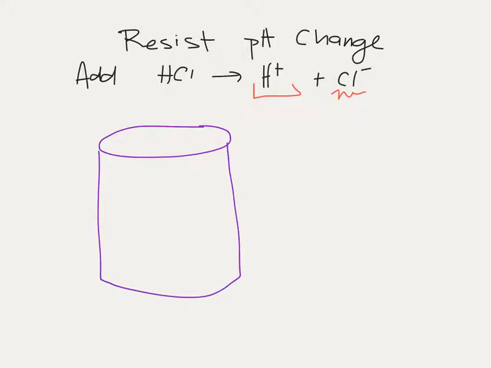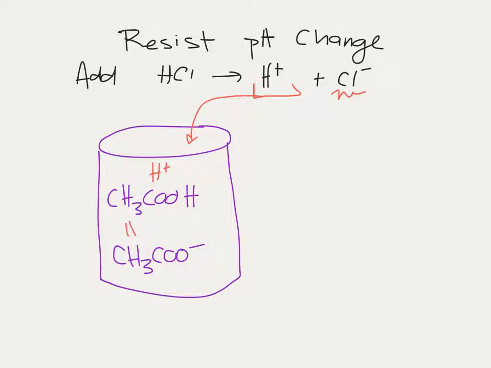Let's say we have CH3COOH, our acetic acid, and acetates floating around in solution. Okay, so if I add in my H pluses into this beaker, think about what kind of chemical these guys will hit.